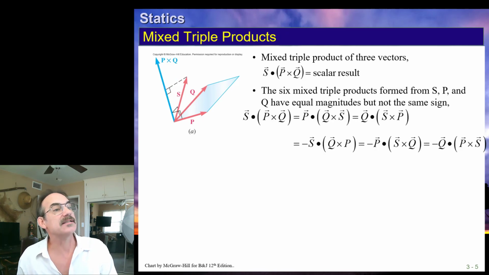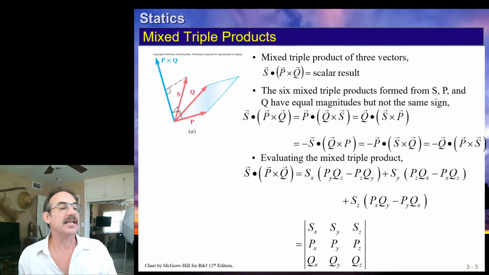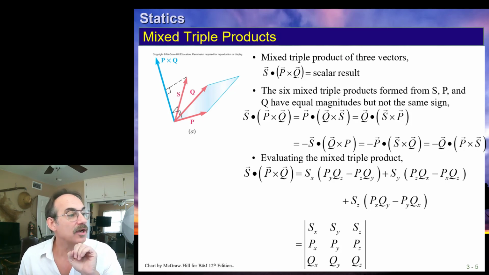Let's take a look at the rest of the stuff. So S dot P cross Q means first you're taking the cross product and then you're taking the dot product. Okay? And this tells us about some of the rules. Once again, if we want to evaluate the mixed triple product, actually it's just like when we're doing cross products. You can do it all at one time. Remember, with cross products, we would have put an I here and a J here and a K here.